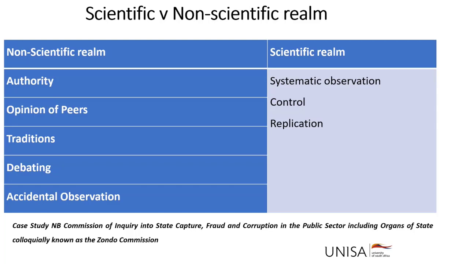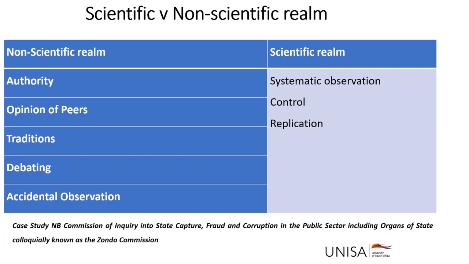Using what you have already learned up to now, where would you want to place it? And why are you saying that? I expect that the answers may not necessarily be the same, but answers nonetheless. May I check what is your opinion on this? Where we are now, we have traversed an environment where we are looking at the scientific and non-scientific approaches. Under the non-scientific approaches, you will always find authority, opinions, traditions, debates, and accidental observation, whilst the scientific approach is based on systematic observation, control, and replication.